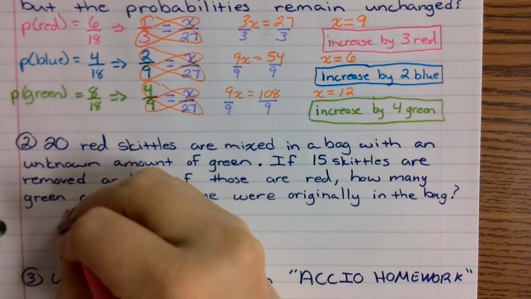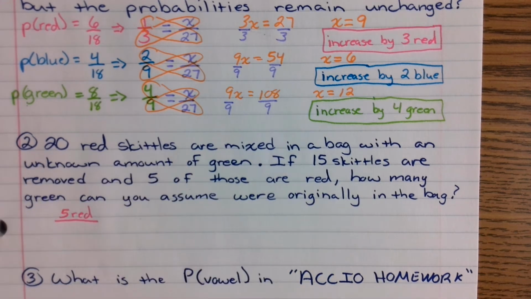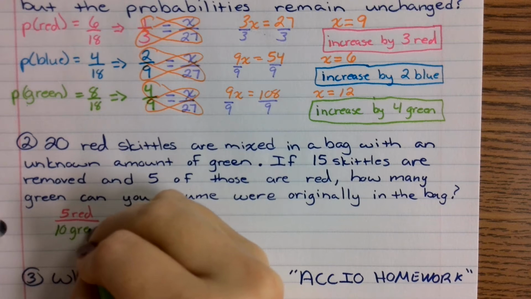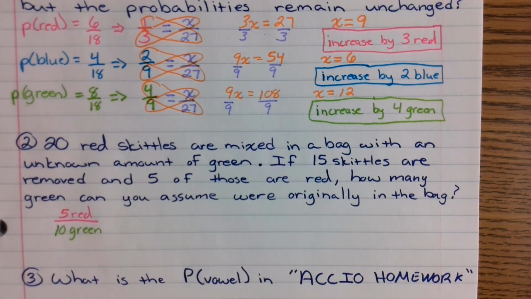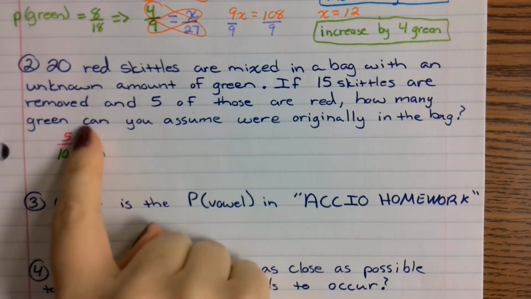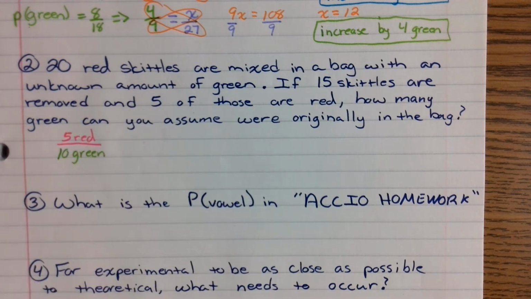So I can put that down, that I pulled out 5 red and 10 green. So all I did was make a ratio, comparing my red to green from the bag that I pulled out, from what I removed.